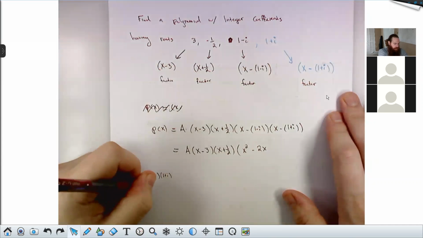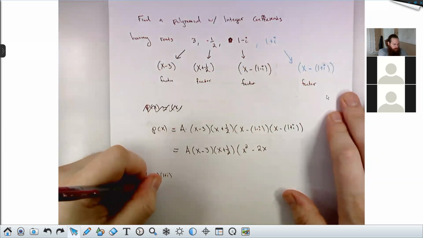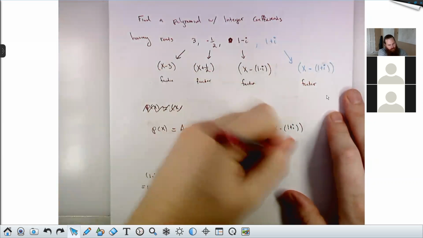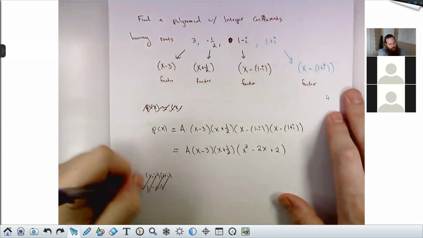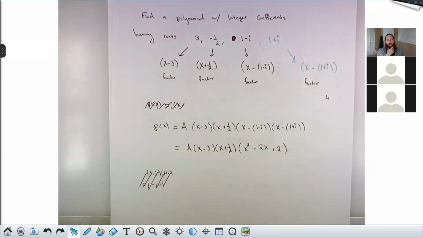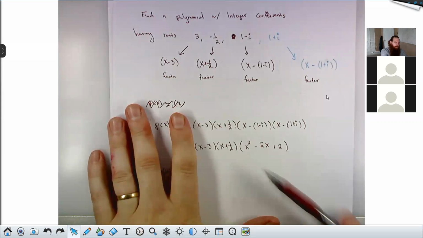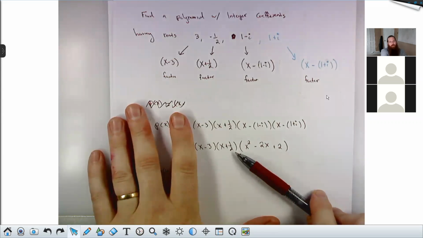That's 1 minus -1, plus 2. Oh yeah, we've seen this guy before today. All right. So if I multiply all this out, would this have integer coefficients? Say without the a here? Or would I end up with some fractions due to this 1/2?